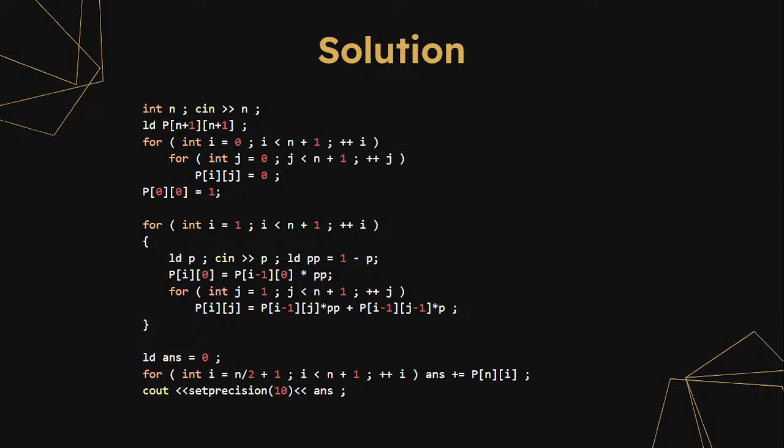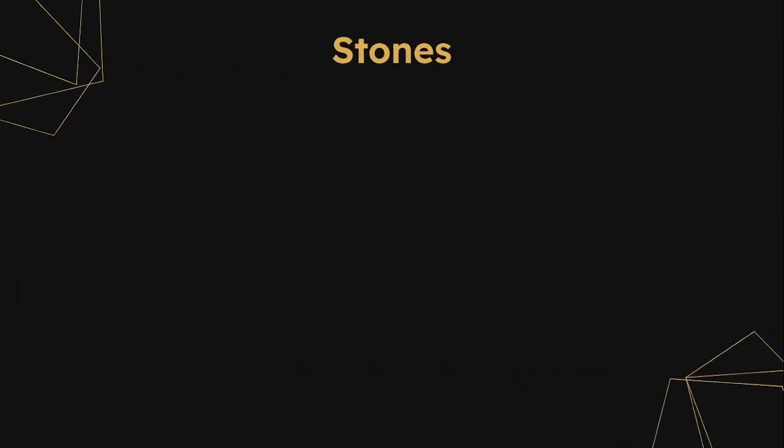Then for every state I can simply say that P[i][j] is P[i-1][j] into 1 minus p, plus P[i-1][j-1] into p. We obviously cannot perform this step if j is 0, so that we have done separately, and then we finally get the answer. Okay, so it's n square. Very nice.